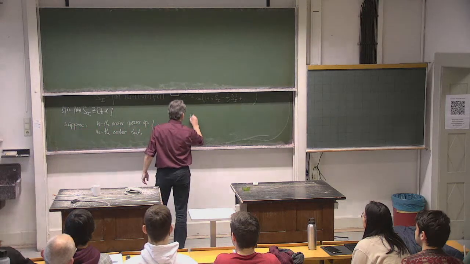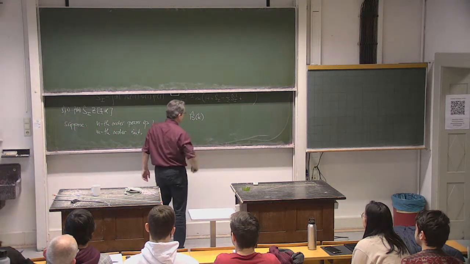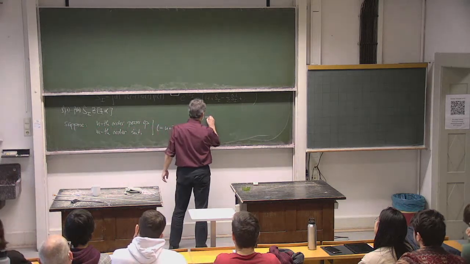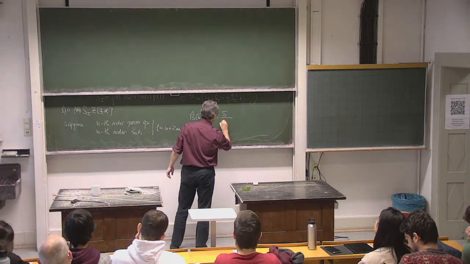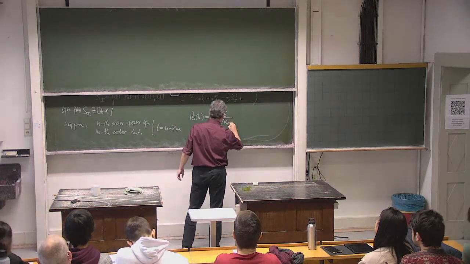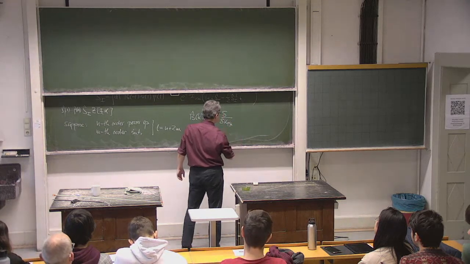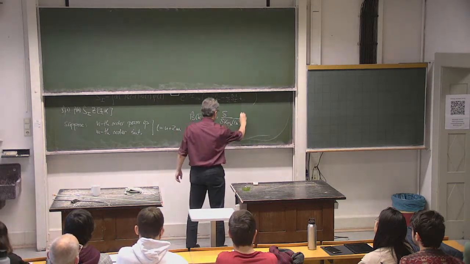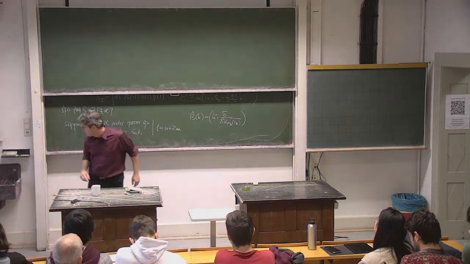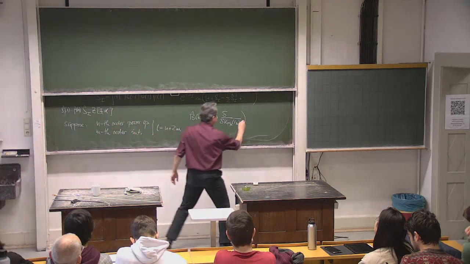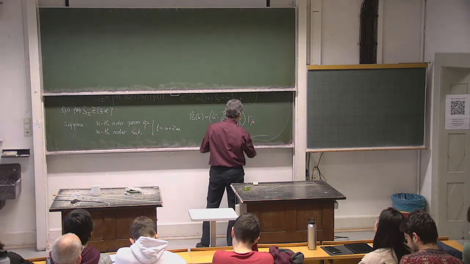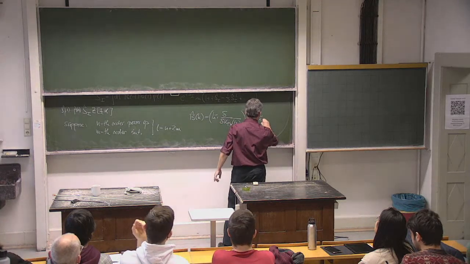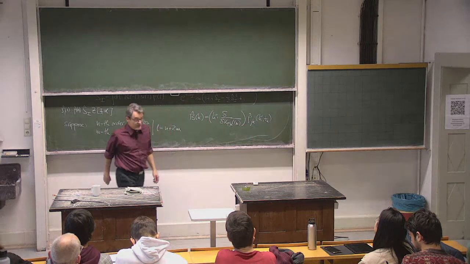In order to make this more systematic, let me write the response field operator capital B as K times the functional derivative, take this in brackets here, times the density operator with the same argument.